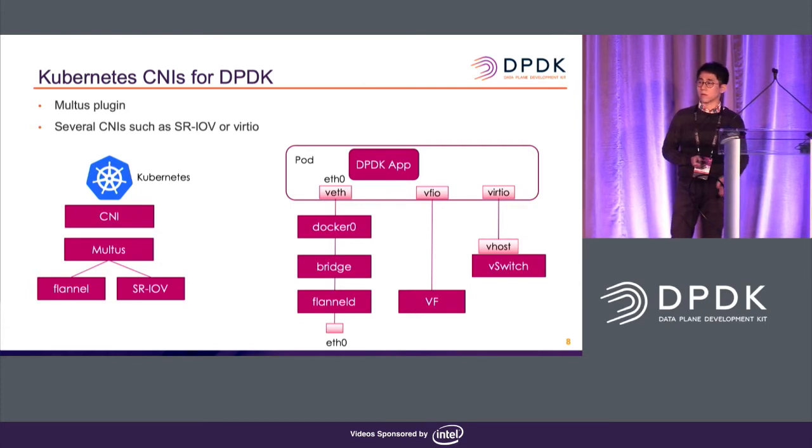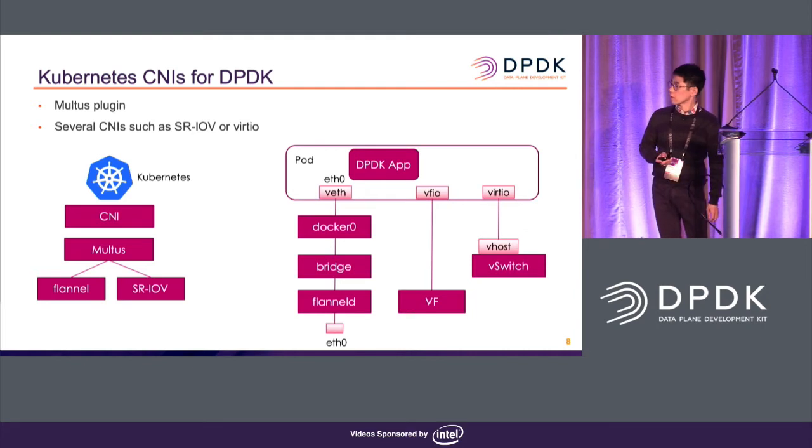Multus is for using several types of interfaces from a pod. Without Multus, we cannot use several kinds of network interfaces, but Multus enables using several of them. And by using this technology, we can add the DPDK interface to a Kubernetes pod.